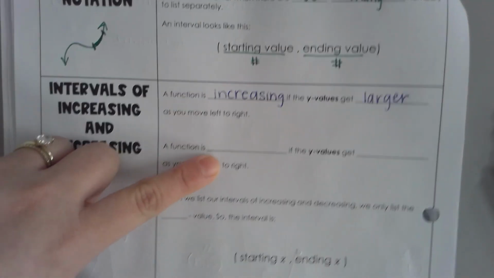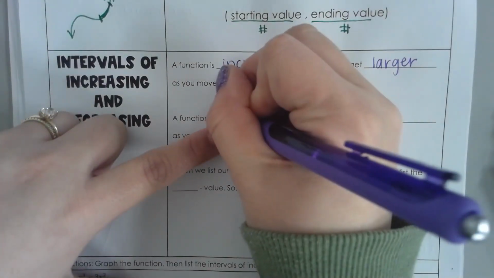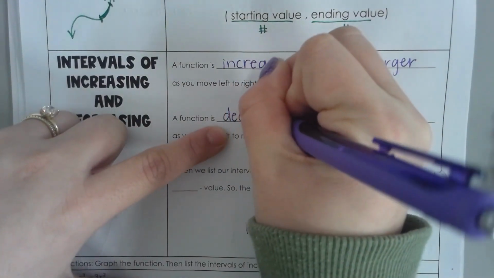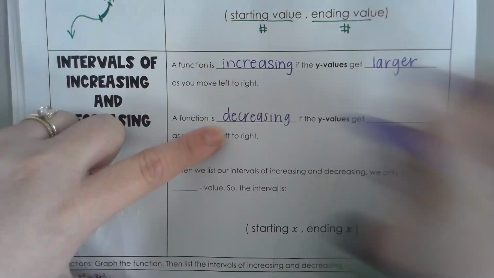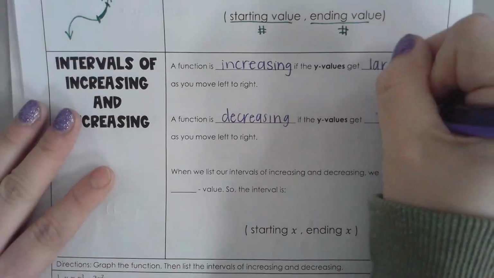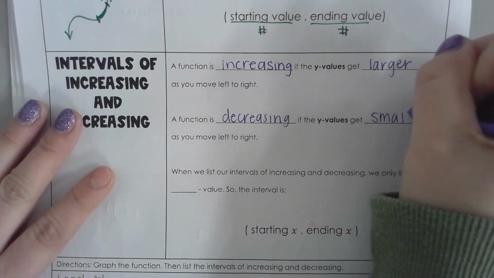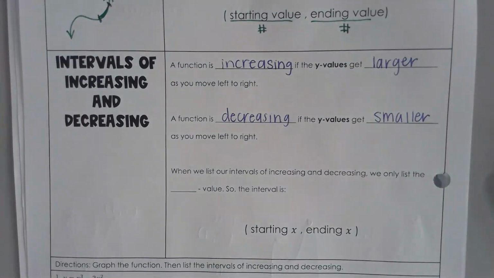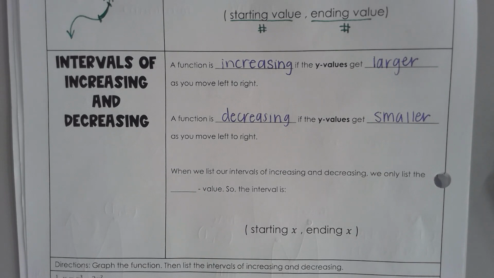A function is decreasing if the y values get smaller as you move left to right. Basically, if you're looking at the graph and you're tracing it with your finger, if your finger goes up, it's increasing. If your finger goes down, it's decreasing.